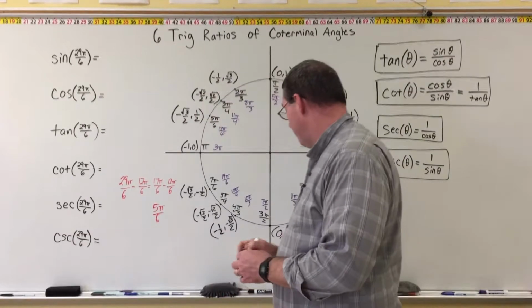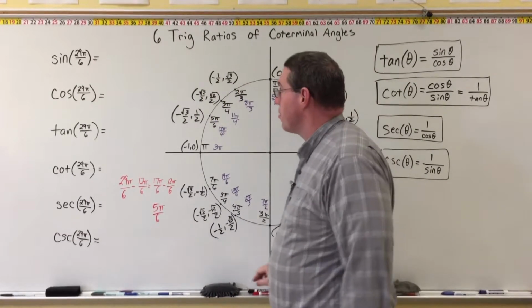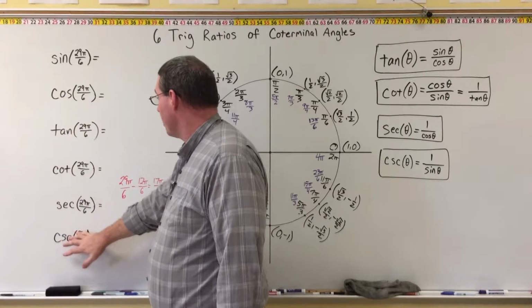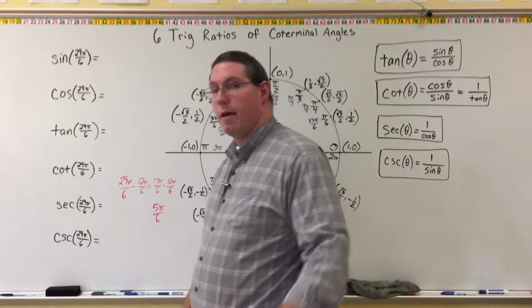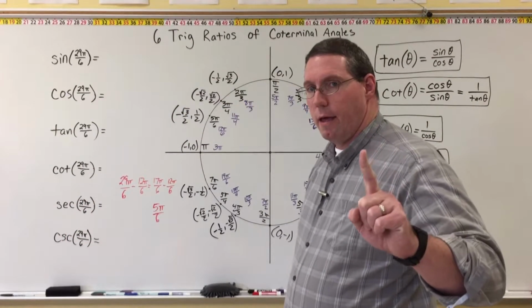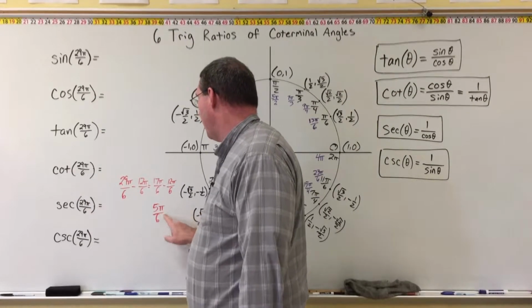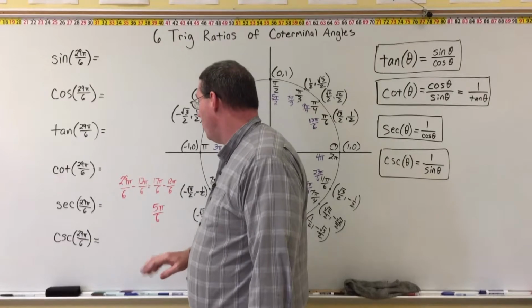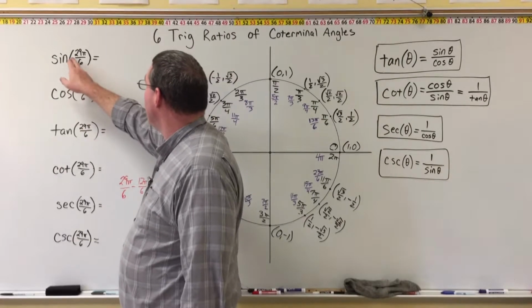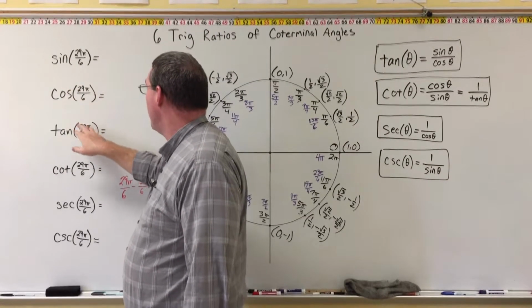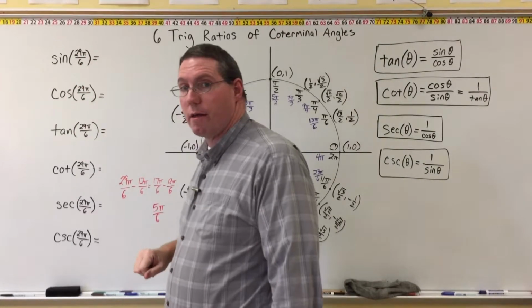So now we know that identifying the 6 trig ratios of 29 pi over 6 is the exact same thing as identifying the 6 trig ratios of 5 pi over 6. And so you can just pretend that in the parentheses here you're seeing 5 pi over 6.